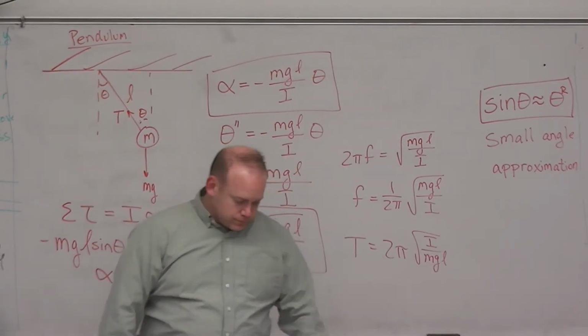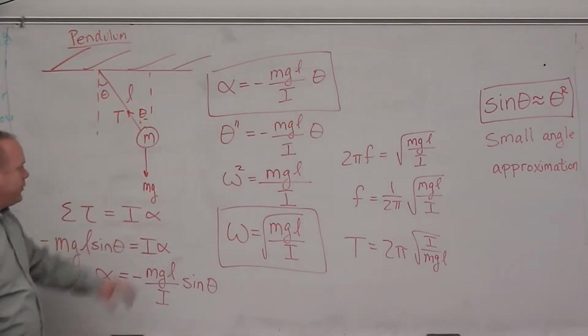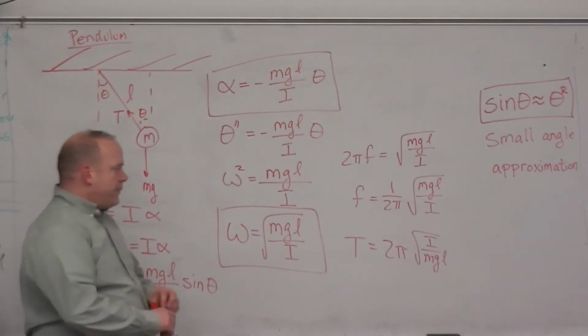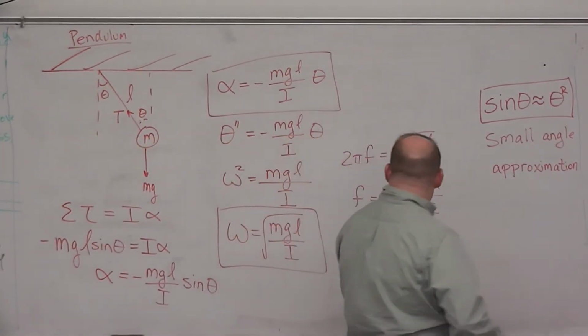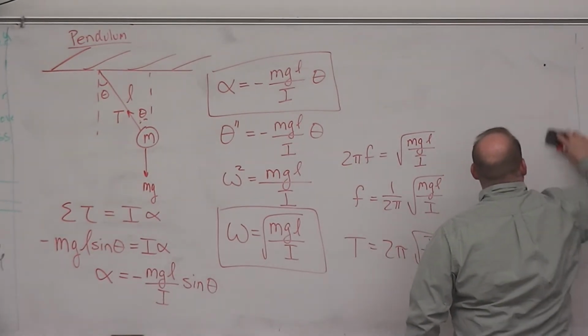Okay. All right. So now this just kind of sets up some things with this. We're going to make a couple of simplifications to this, okay, for a simple pendulum.